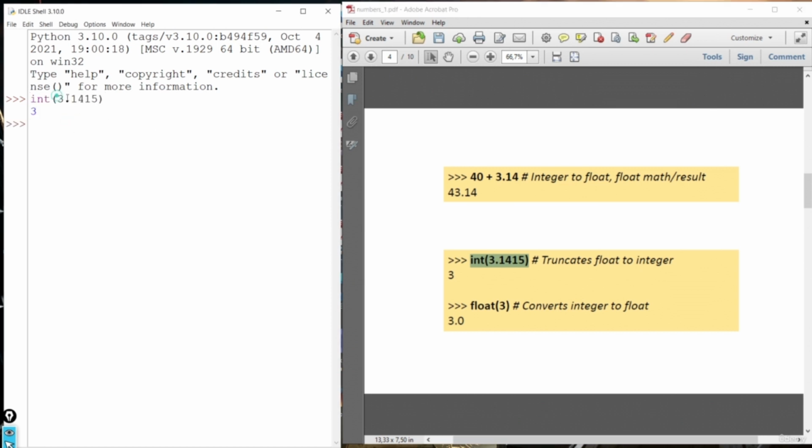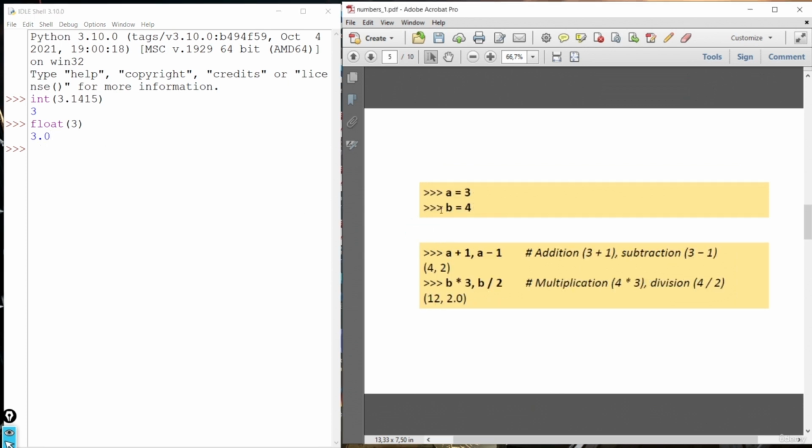As you see, the fractional number is truncated and integer is obtained. And we can convert an integer to a fractional number using casting also. Here, float is used to cast integer 3 and convert it to real number 3 or floating point number 3.0.